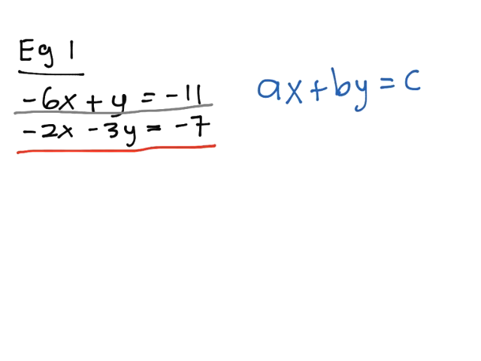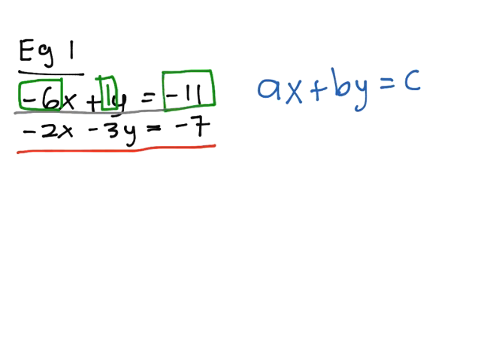We put our system of equations for both linear equations into matrix form, where we always take the values only. For example, in the first equation, we have negative 6 for x, a value of 1 for y, and negative 11 for c. We only take the values.